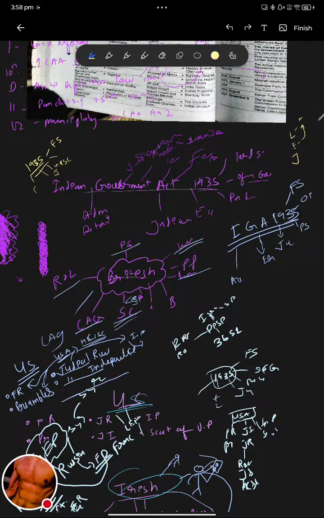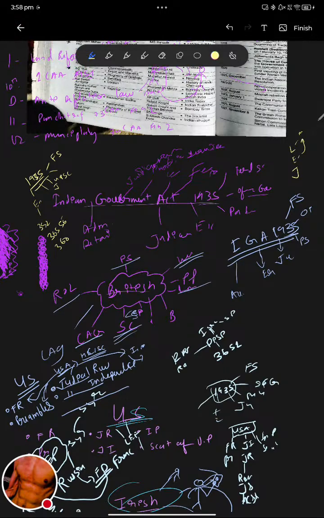Then we have emergency, all the emergency provisions: Article 352, Article 356, which is president's rule, and Article 360, which is the financial emergency.